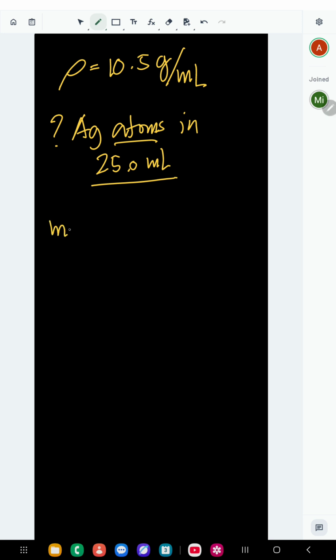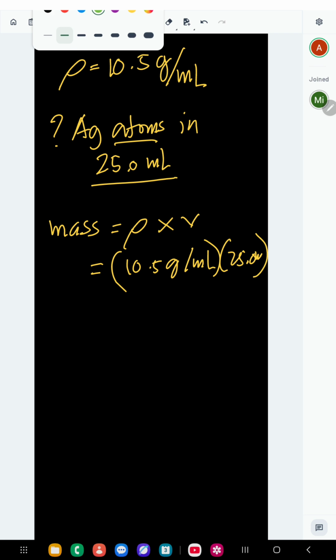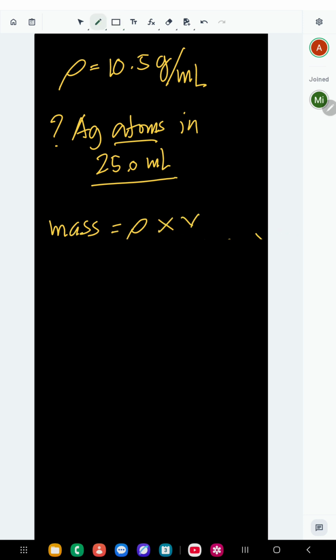So mass is equal to the density times the volume. That is 10.5 grams per milliliter times 25 mL. Did you solve this? Okay, let me write this clearly. This is just like dimensional analysis.